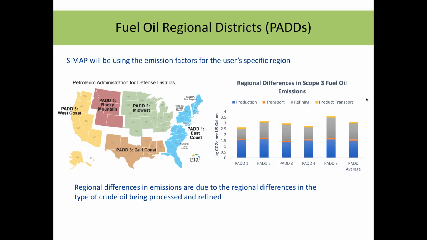And you can see that from the graph on the right here. PAD 5 has significantly heavier crude oil, so the extraction process is a little more emission heavy, and the refining process also produces more emissions on average. So because of these differences, SIMAP will be using the regional factors instead of the national average.